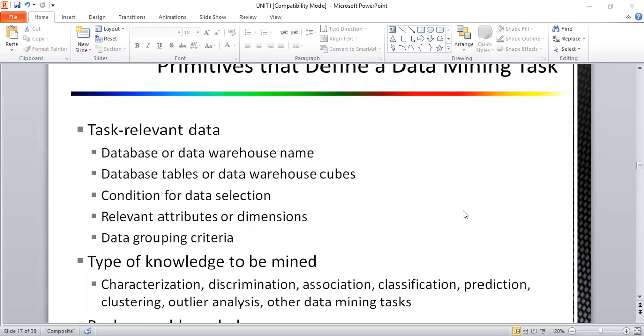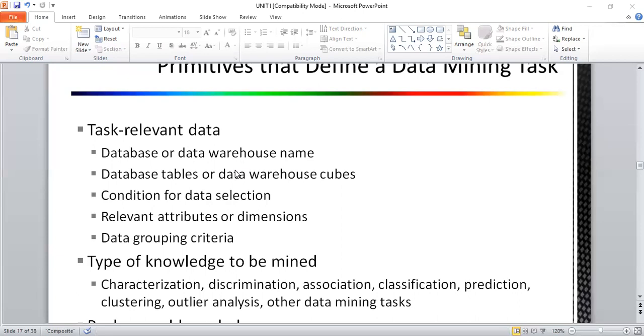Now these kinds of queries can be run on data warehouses also. In a data warehouse, data is typically stored in multi-dimensional form, and that is nothing but your data cubes. So we can extract the information by performing different operations like filtering, slicing, dicing on the data cube.